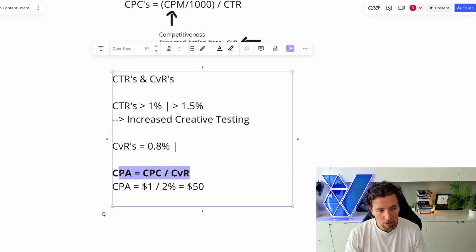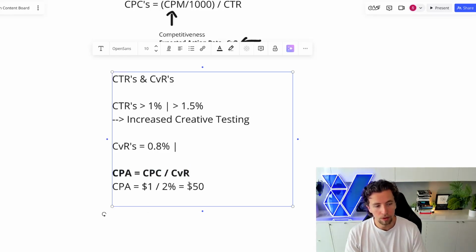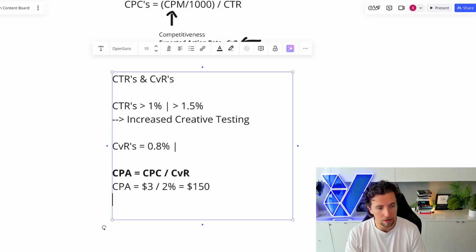And so the issue in a lot of these instances when it comes to Meta ads is not the CPC, it's the conversion rate. If you get the conversion rate up, your CPCs go down because your ad quality score improves, and then the entire CPA equation starts to make sense. So if you're looking at this and you have something like $3 at 2%, which is a $150 CPA, and you need this down at $50, so it's way above your target.